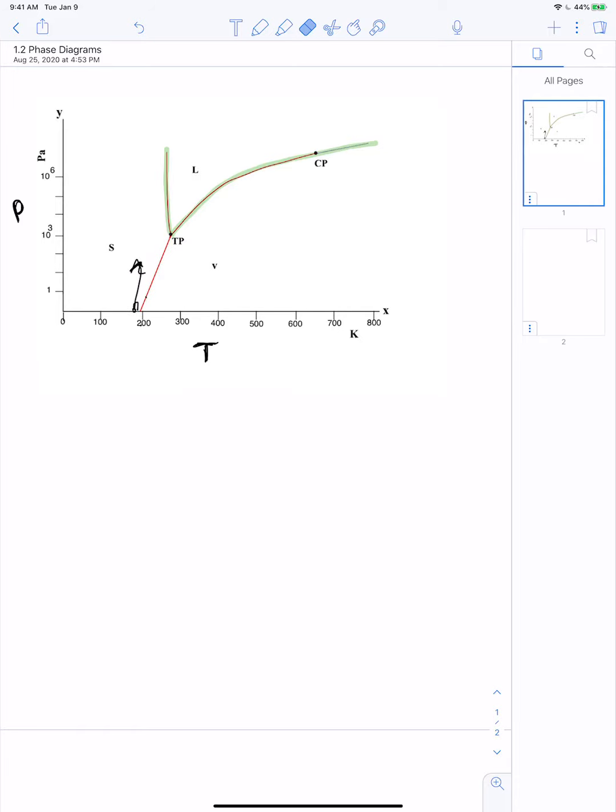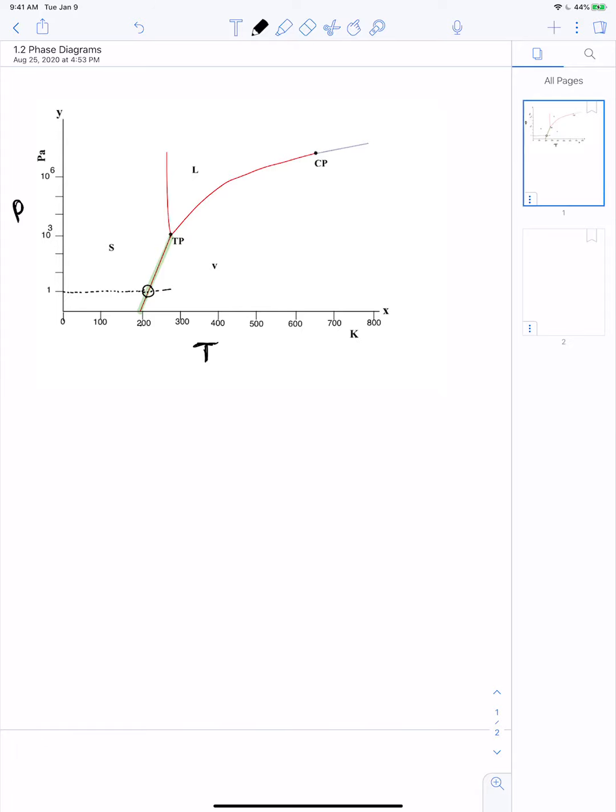Let me erase that for a second. Let me get rid of these green lines as well. So let's say I'm just looking at this. You can see that at different pressures, so if I'm at 1 Pascal, the phase transition happens at a particular temperature, maybe right around 200 Kelvin.